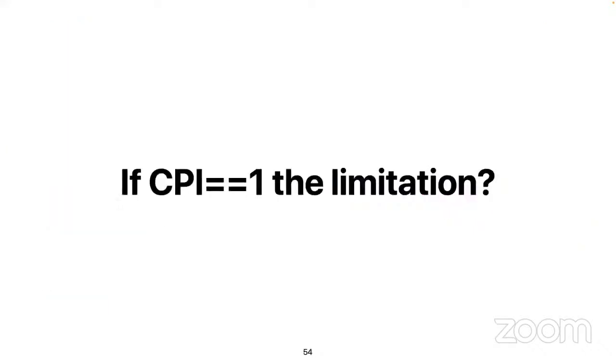So now the question is, even though we highly optimize our code, we still have the big question mark here. Is CPI equal to 1 our ultimate limitation?